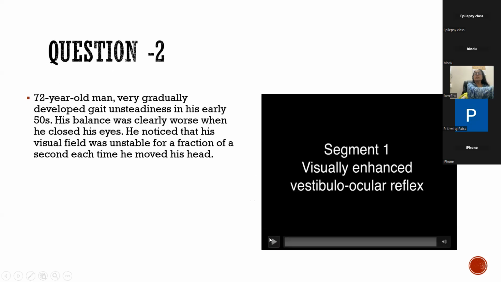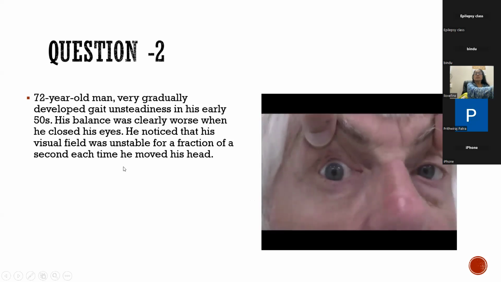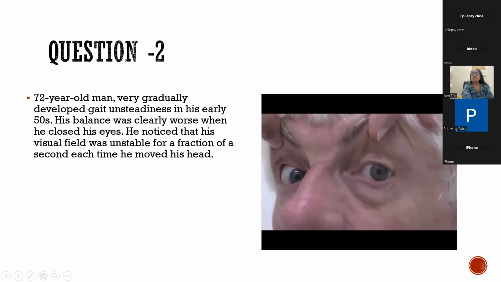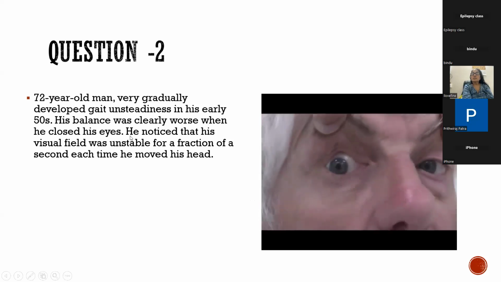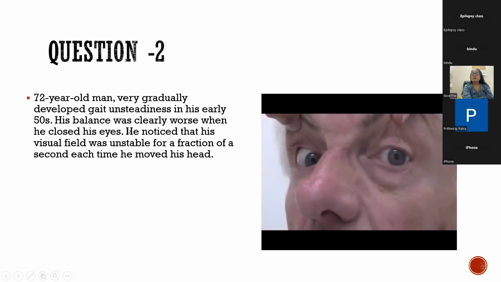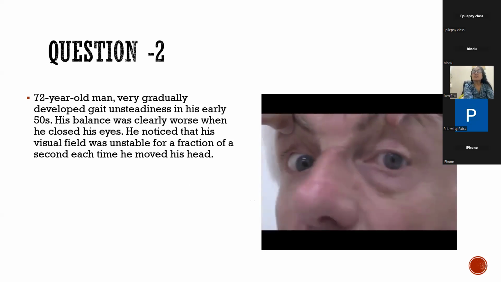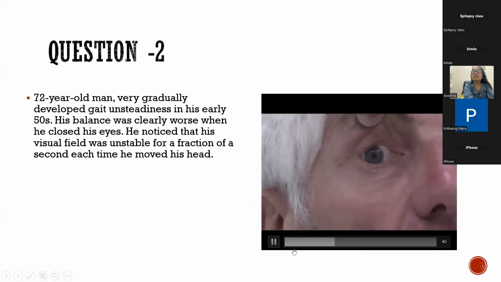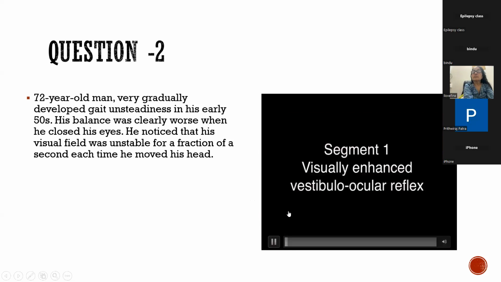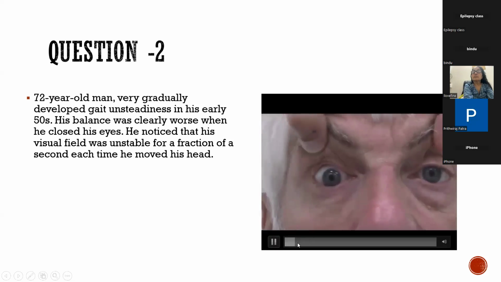So the second question was of a 72-year-old man who developed gait unsteadiness, and there was clear-cut worsening of his balance while closing his eyes. Here on VOR testing, this is visually enhanced VOR.